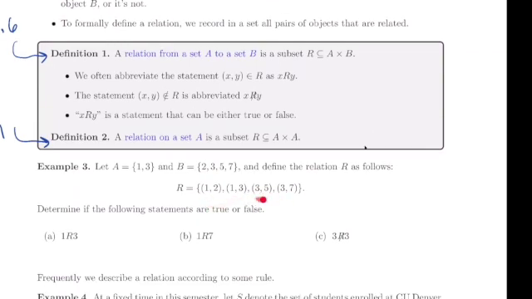So when we read these points, this would say, well, here's A, here's B. This relation is saying that 1 is related to 2, 1 is related to 3, 3 is related to 5, and 3 is related to 7.